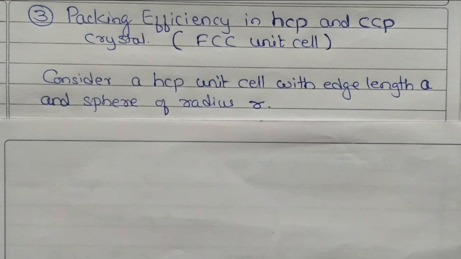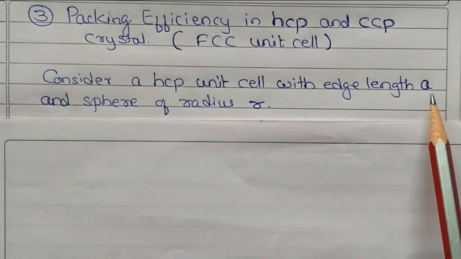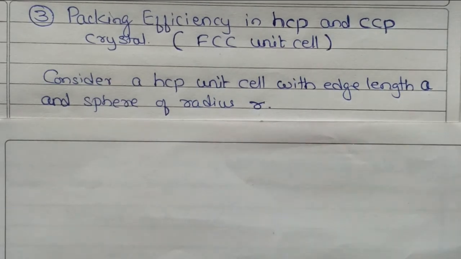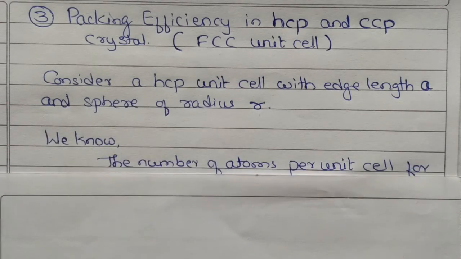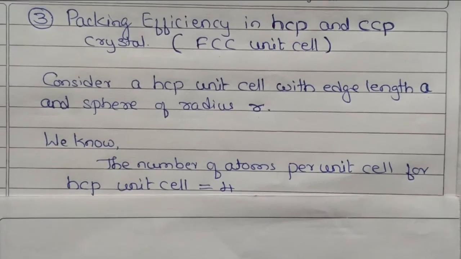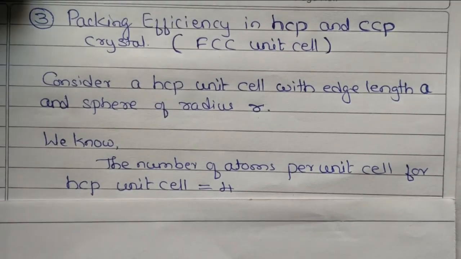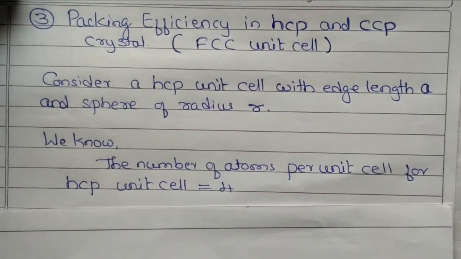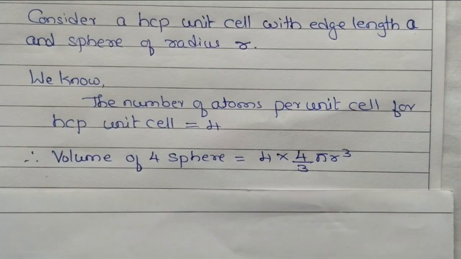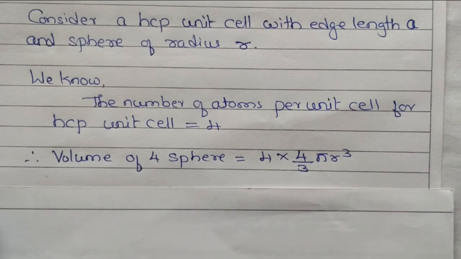We have considered a unit cell with edge length a and a sphere, meaning an atom, of radius r. For an FCC unit cell, the number of atoms per unit cell is 4, so the volume of the 4 spheres equals 4 into 4 by 3 pi r cube.